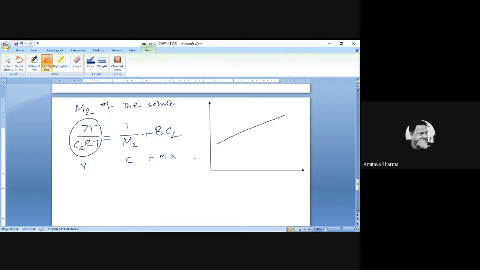I have a straight line, and the curve is plotted against pi by C2RT and C2. This is the x-axis, this is the y-axis.